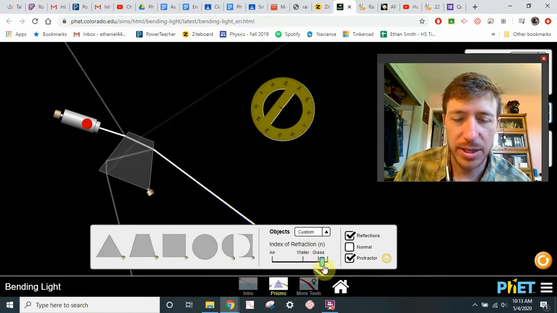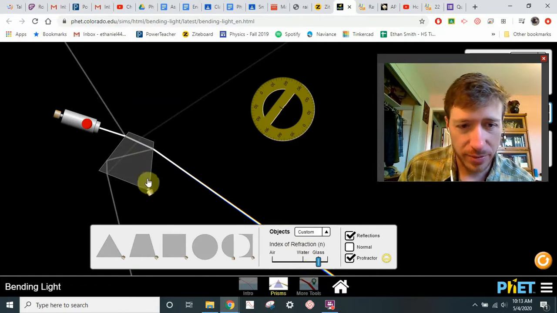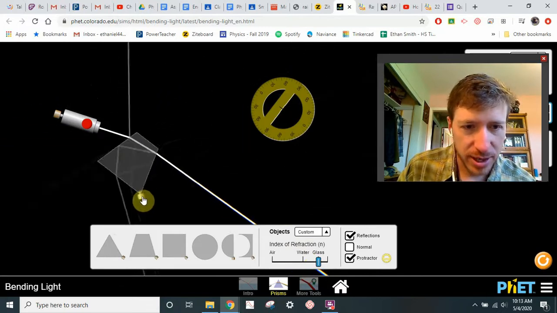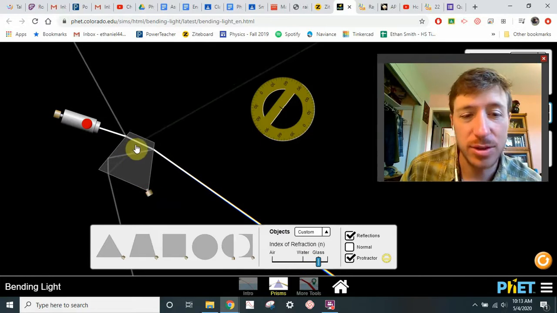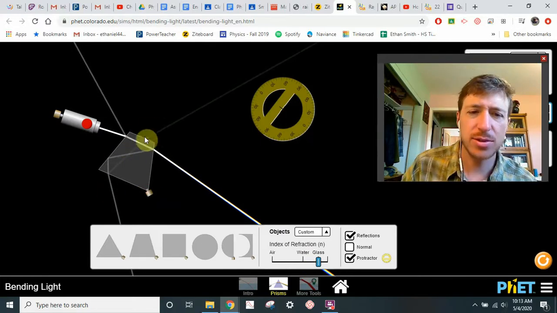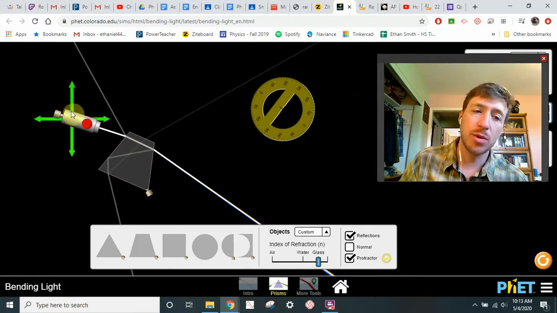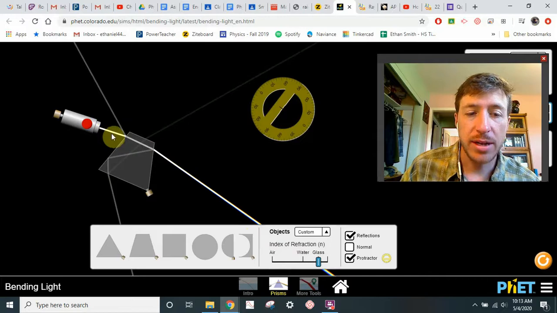It's not quite up to glass, but it is, to make up for the fact that this angle is a little bit off. But what happens is this light comes in, and it bends and refracts, but at a lesser angle than with that circle. It does indeed reflect, and there's all sorts of crazy reflections that happen in there as well. But in this case, it refracts, and that's what we're looking for. We're looking for the sun, clouds, and then me somewhere down here. So you'll see it bends and refracts there.